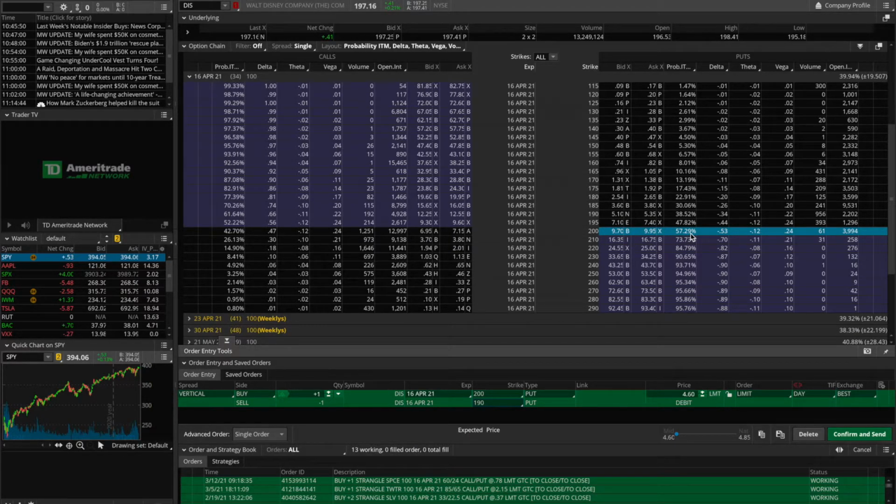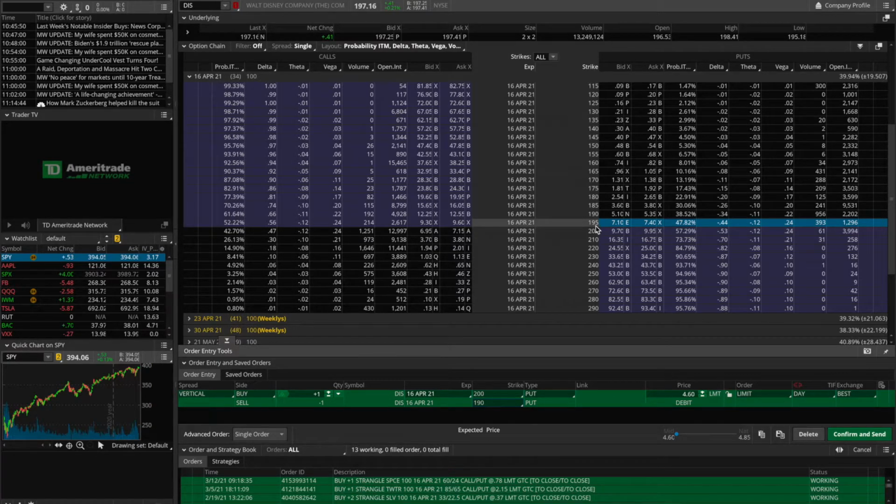Now, as I showed you earlier, if you want to make a profit on this trade of at least $1, you need Disney to fall to around $195 at minimum. I know that the actual true minimum is $195.39, but just rounding down, 195 flat is very close to that.